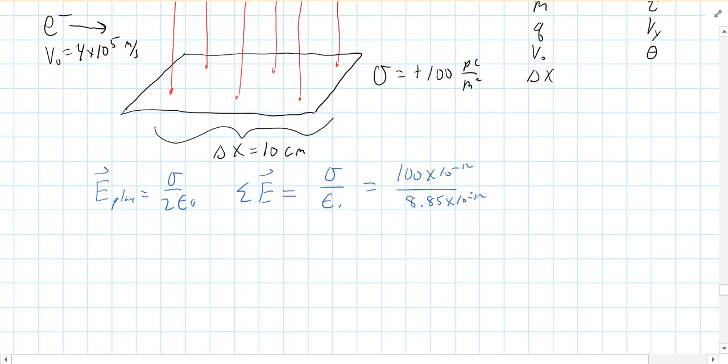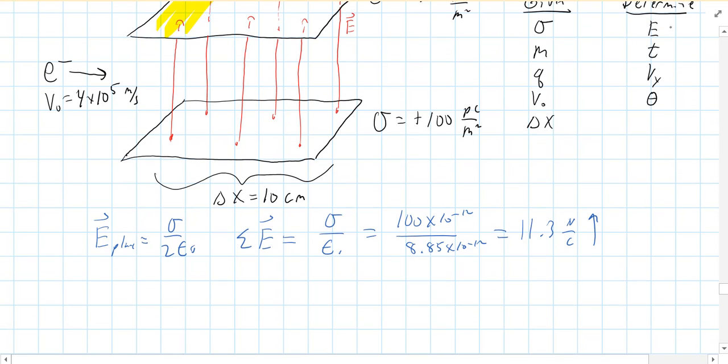By the way, at some point, I would suggest you memorize epsilon naught because you're going to use it a lot. In this example, the negative 12s cancel. Great. I'm just dividing 100 by 8.85, and I get 11.3 newtons per coulomb. So that's the strength of the electric field between the plates, and it points up.